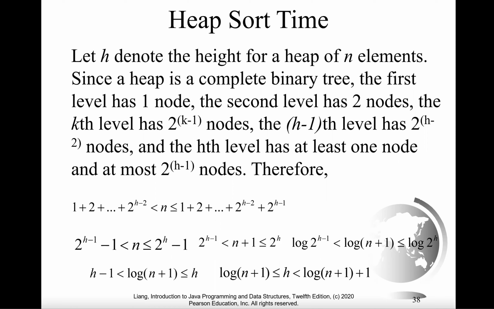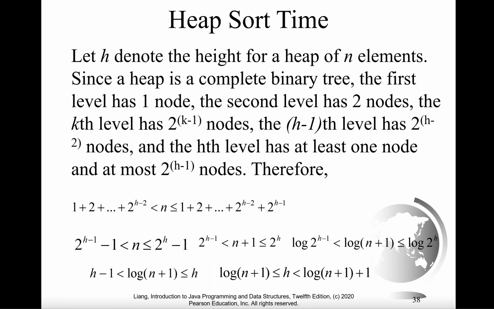So what's the height of the heap? The height of the heap is log n, where n is the maximum number of elements in the heap. So in the worst case, the height of the heap is order of log n.